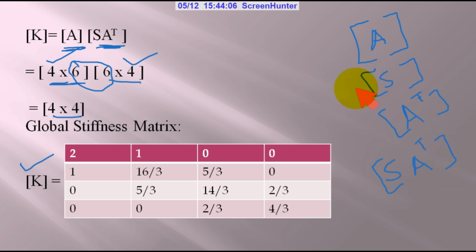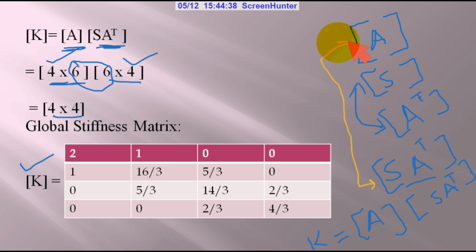You will multiply these two matrices, you will get S A^T matrix. And when you will multiply static matrix with S A^T matrix, you will get the global stiffness matrix K. So at last you multiply this static matrix with S A^T matrix and you will get global stiffness matrix.